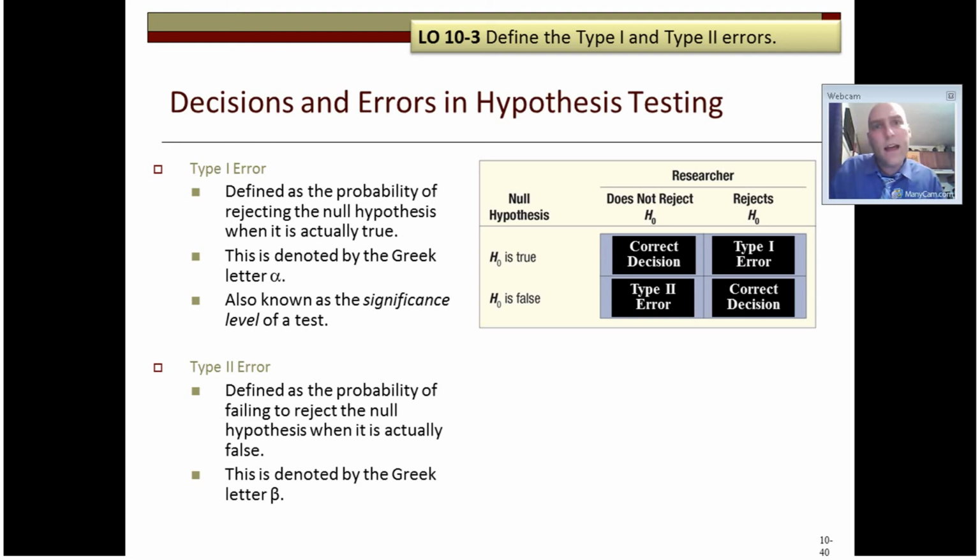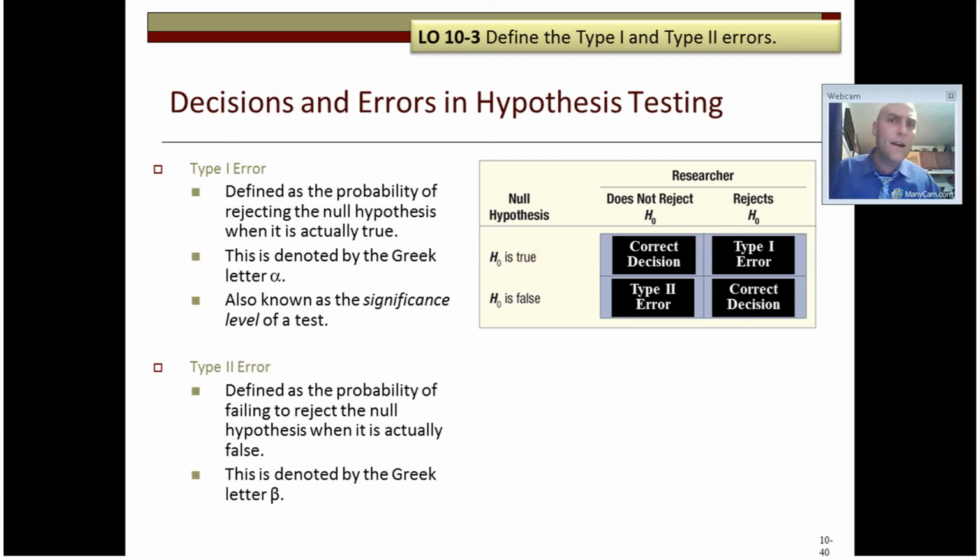I think of it as an error of arrogance because generally when we talk about our research findings, it's a result of rejecting the null, that you have found a real difference or you have found a real relationship. You found it. And you're going to walk around saying, look at me, I found this thing to be true. My research is awesome. I'm brilliant. Well, reality check says that H naught is true and you shouldn't have rejected the null, but you're walking around like you did, like you're awesome.